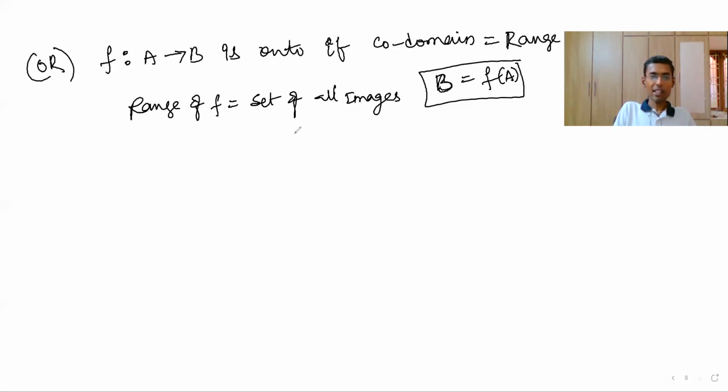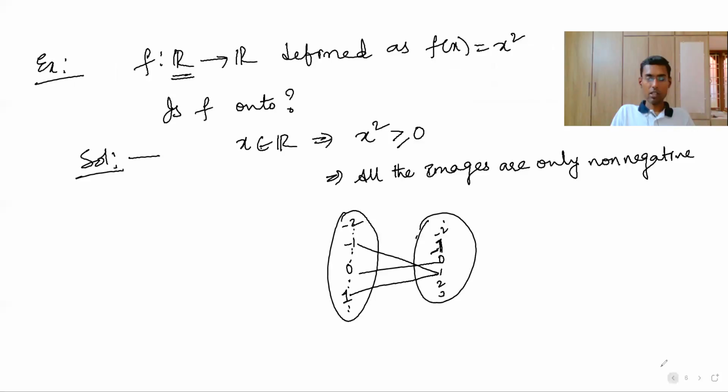You call range the set of all images. Now all the images must be equal to B. That means all the elements of B have a pre-image, and only then can we say codomain equals range. So you can tell it like this.